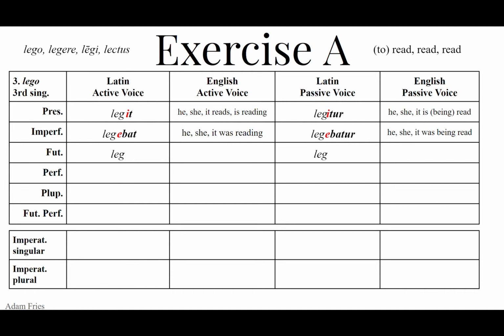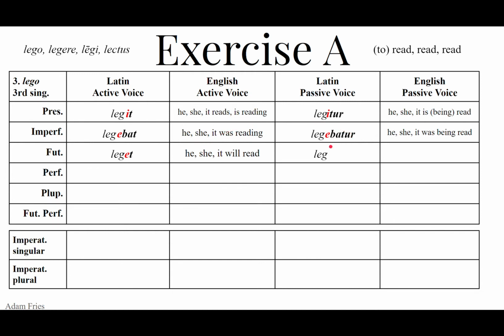You must use the future endings es, et, emus, etis, ent. So we want et. Notice it is different from legit, the present. The present is legit, he, she, it reads. The future is leget, he, she, it will read.